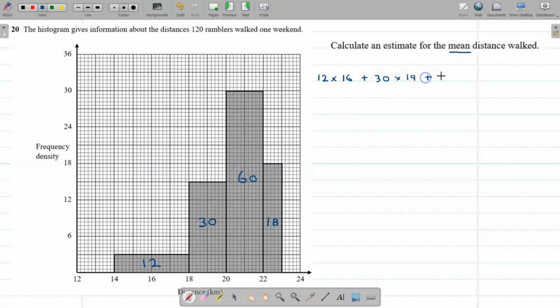We've also got 60 times 21, and finally we've got 18 times 22.5, halfway.